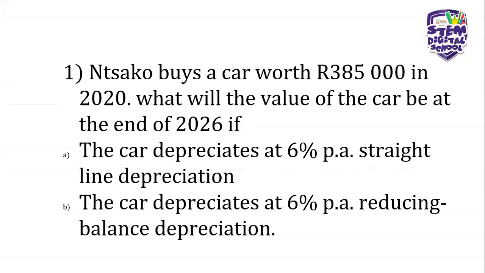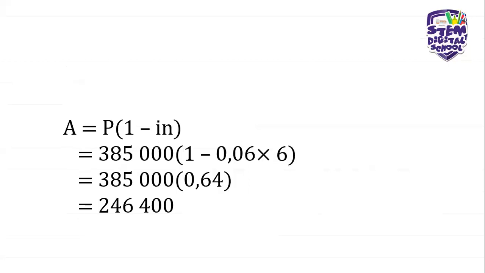And of course, in this case, the formula will be different, although you will still have your negative sign. The alternative thing here is that you need to look at the formula which resembles that of a compound interest.